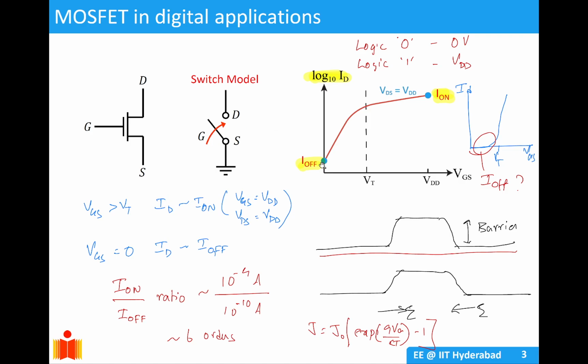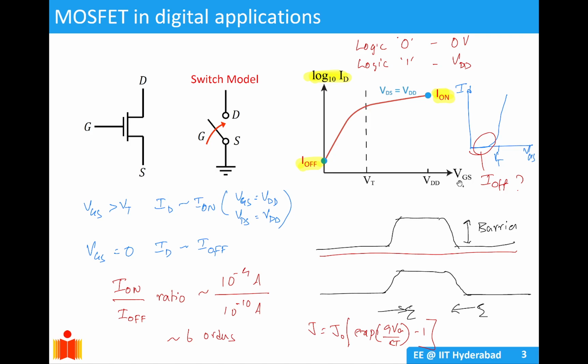That is, at low VG, there won't be any drain current, and we can call the transistor in the off condition, that is the disconnected condition.